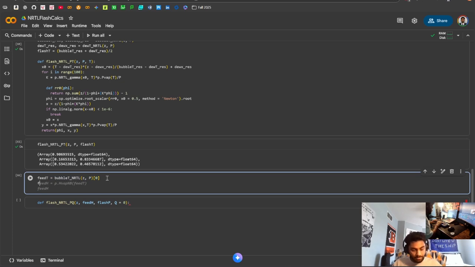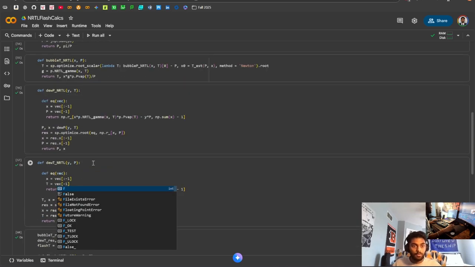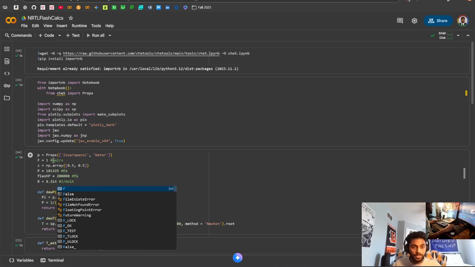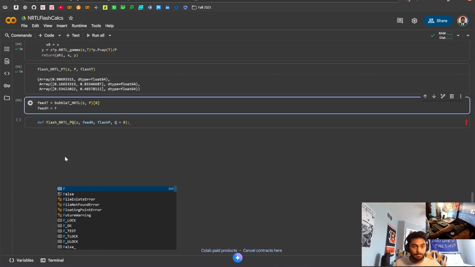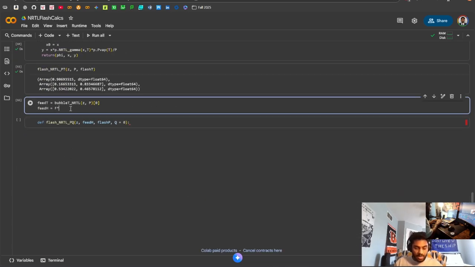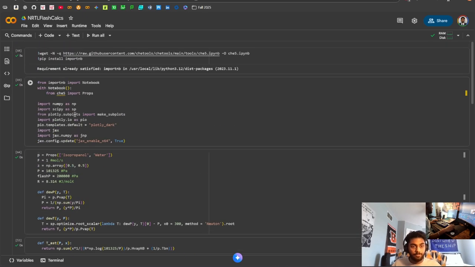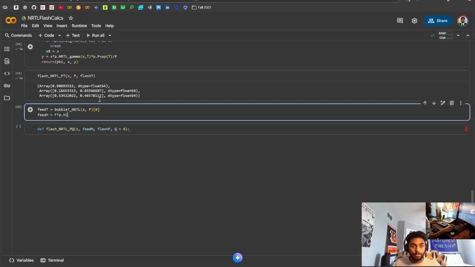Now the next step is we're going to want to calculate our feed enthalpy. And our feed enthalpy is just going to be our feed rate, which we have defined as 1 mole per second up in this very top cell, times we can actually pull from our CHE5 notebook, from our props library, our properties.